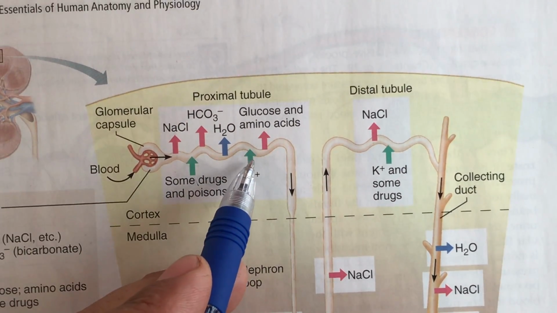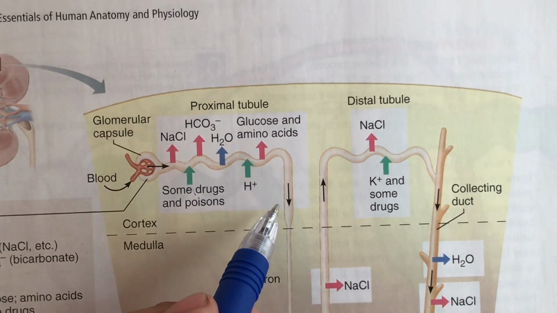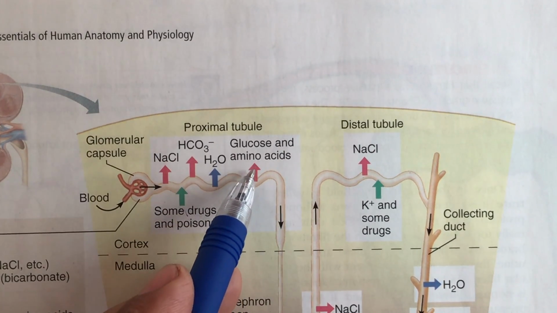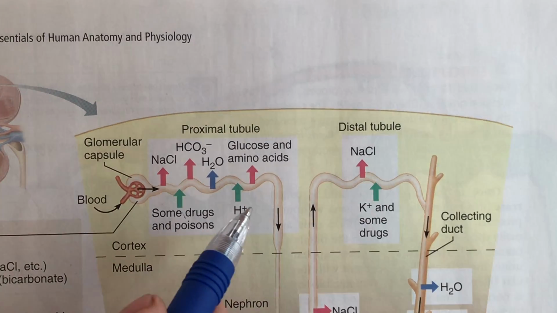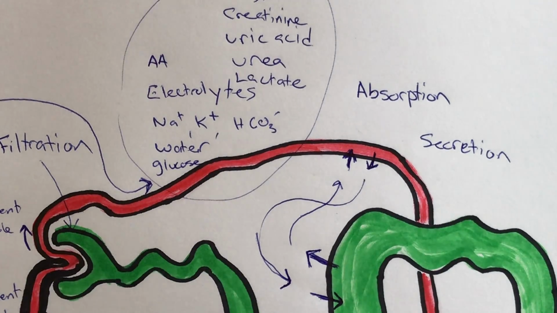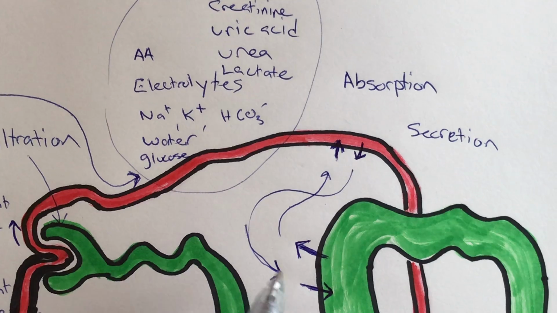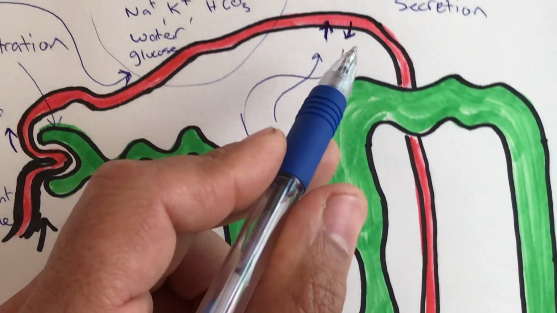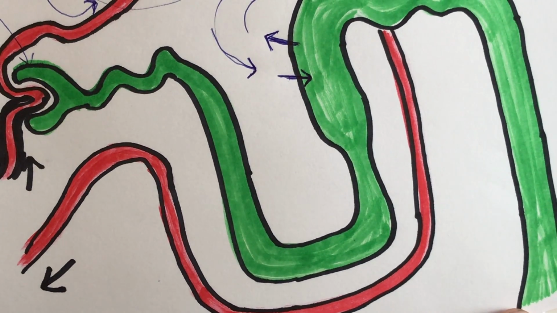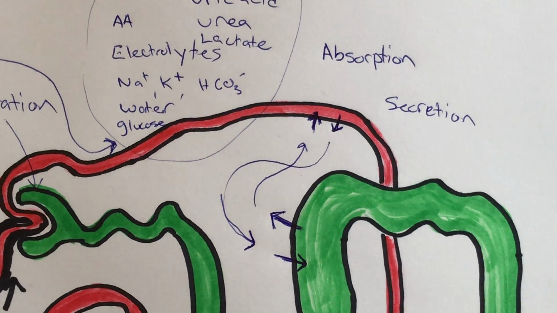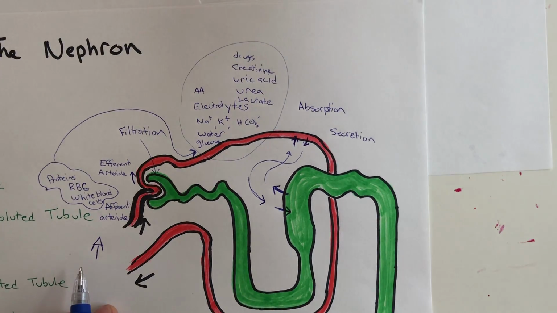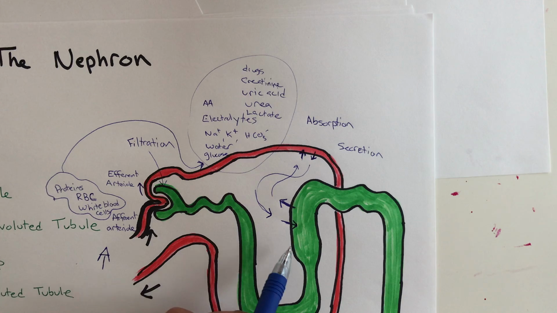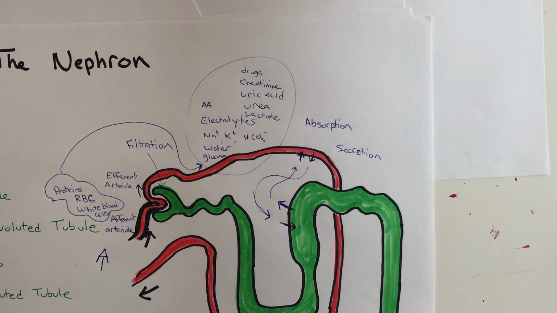So don't get them mixed up. Into the tube means excreted. Out of the tube means absorbed, because it's going to go out of the tube into the peritubular fluid and eventually back into our blood. And that will go right back to the main bloodstream. So I hope you keep those two terms straight. Absorption, secretion, and which direction are we talking about?